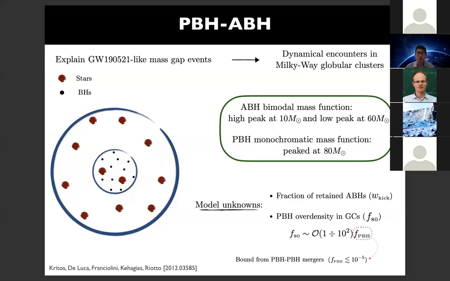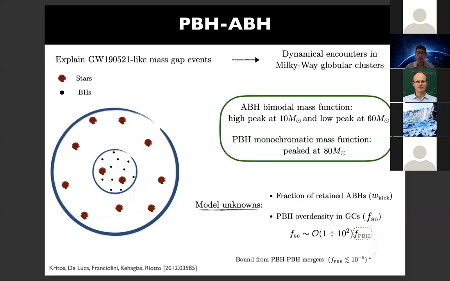So we have chosen to parameterize this fraction in terms of a kick velocity, which we vary to account for this effect. Another unknown is the PBH local overdensity in the globular cluster, which is expressed as a fraction f80 of the baryonic overdensity in the cluster.